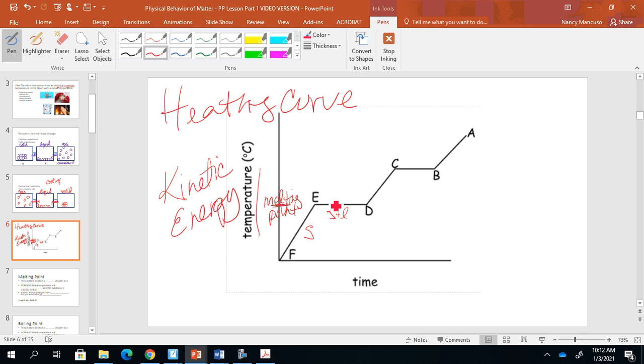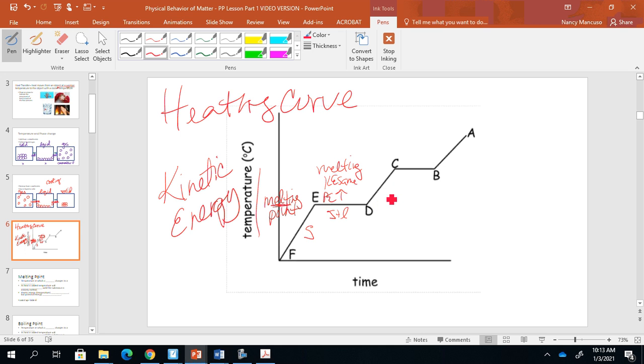So the kinetic energy stays the same right here, but the potential energy increases. So there is greater potential. You are adding heat to it, but that heat is not making the temperature go up. So it's not changing the kinetic, it's changing the potential energy. And so this is where it is melting right here.